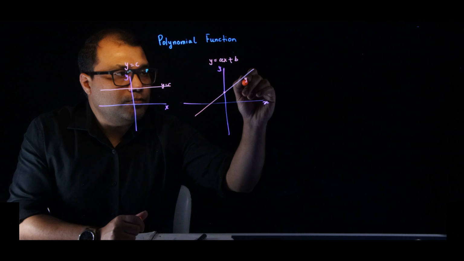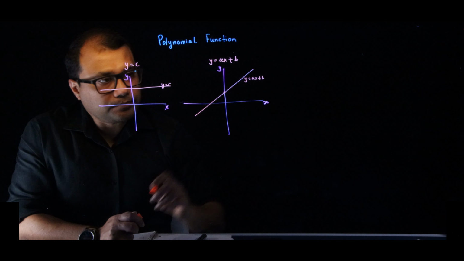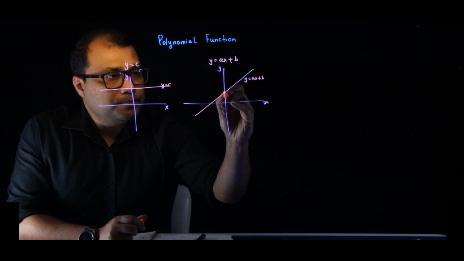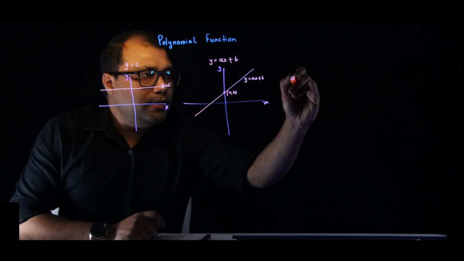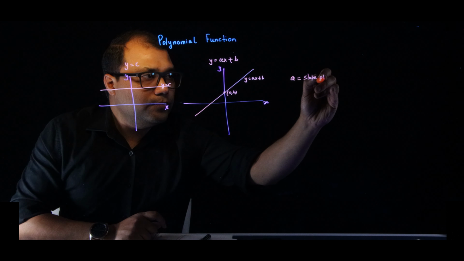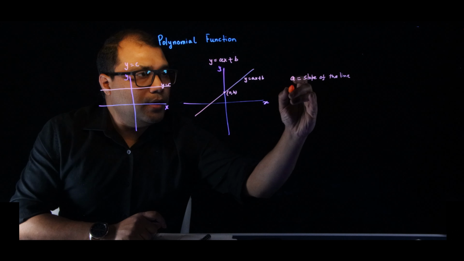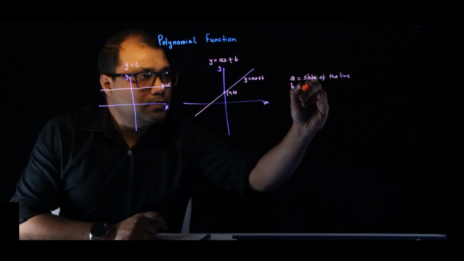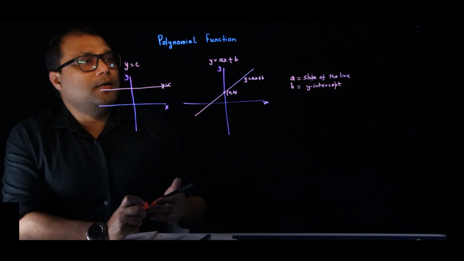So this is y equals ax plus b. So obviously this point is (0, b). We can say a equals the slope of the line and b is the y-intercept. Okay.